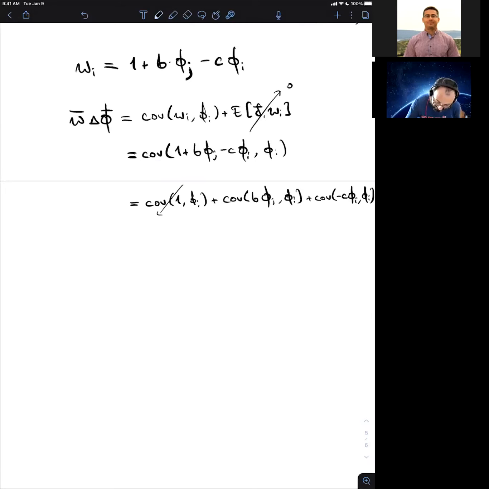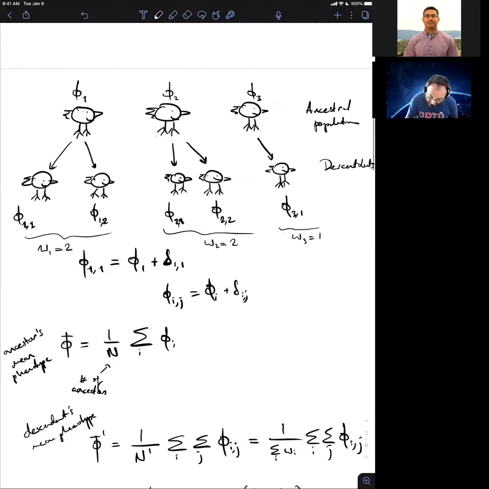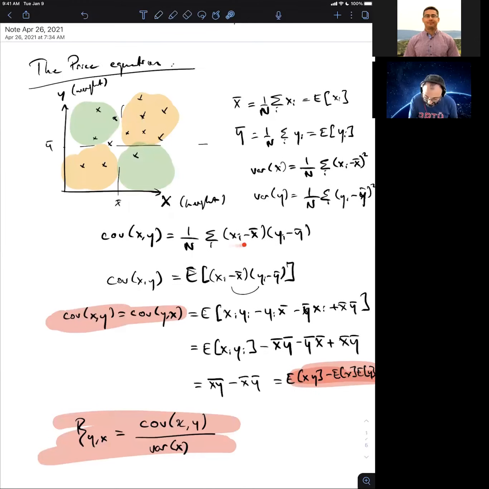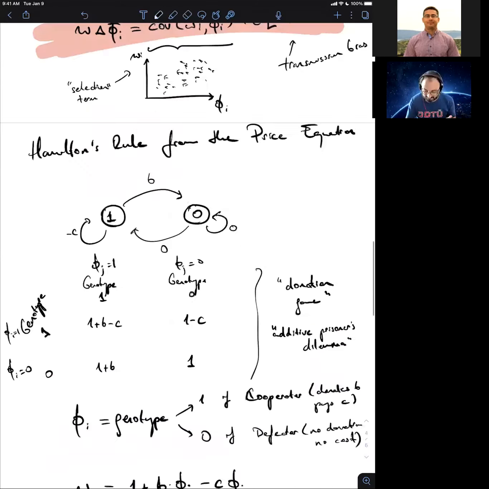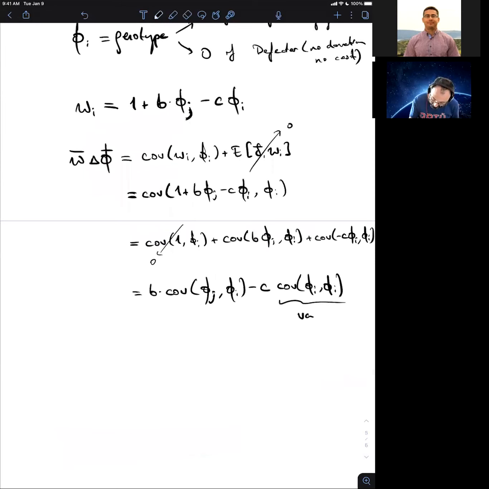Then this covariance is b times the covariance of phi j, phi I, plus or minus c times the covariance of phi I, phi I. Obviously, from the definition of covariance and variance, if x is equal to y, the covariance of x with itself is simply xi minus x bar times xi minus x bar, so xi minus x bar squared, which is the variance. So the covariance of something with itself is the variance. So this is the variance of phi I.